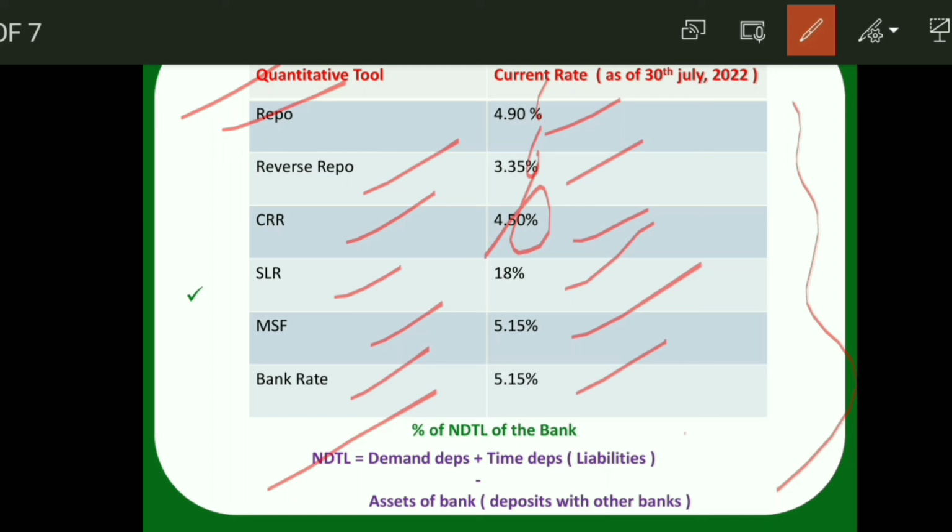The demand deposits and time deposits made by the account holders, which means us, and the businesses with the banks are their liabilities, which means they have to return us with interest. It is subtracted by the assets of the bank, which means the bank will have many deposits with RBI and other banks, so they are also earning interest. It is the net difference between liabilities and assets of the bank. So all these percentages mentioned here are of the net demand and time liabilities.